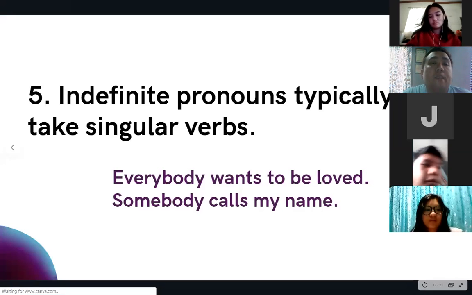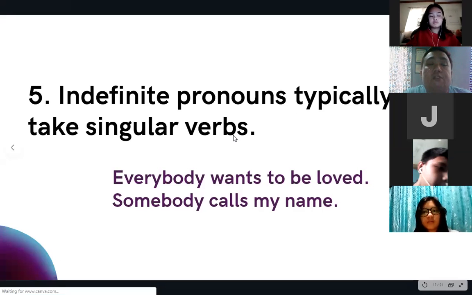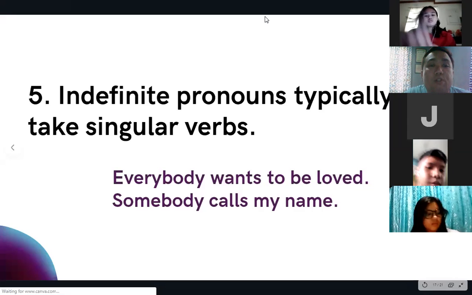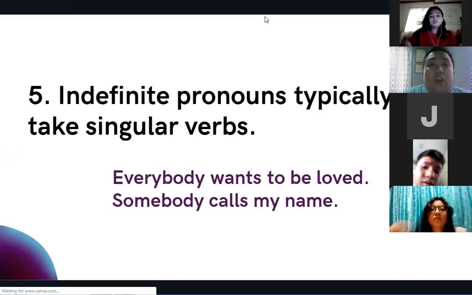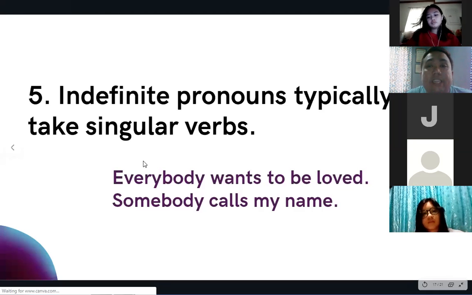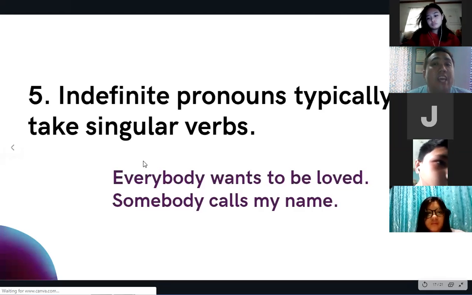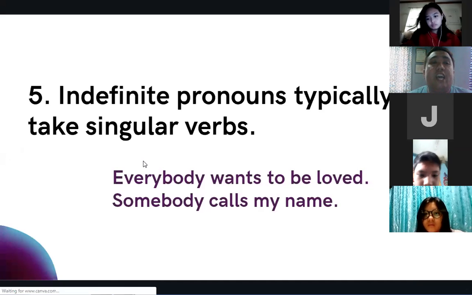Last rule. Indefinite pronouns typically take singular verbs. Alam ba natin kung anong ibig sabihin ng indefinite pronouns? What we mean by indefinite pronouns are pronouns like everybody, anyone, someone. Yan yung may mga one and body. Anybody, somebody, anyone, someone. Those are what we call as indefinite pronouns.